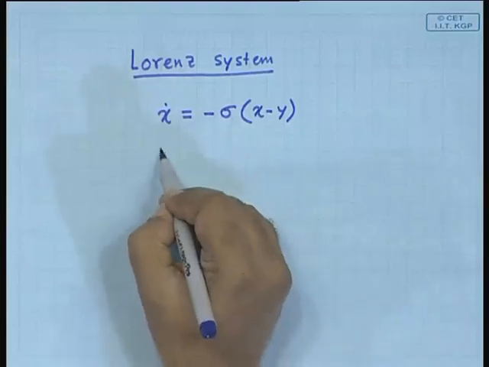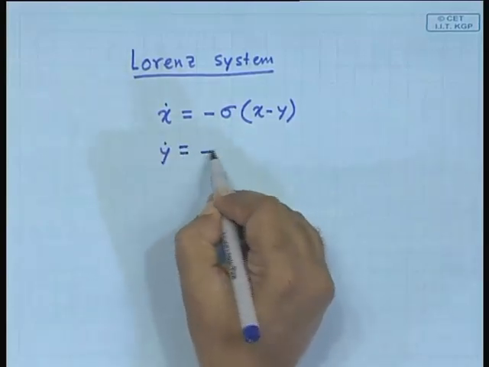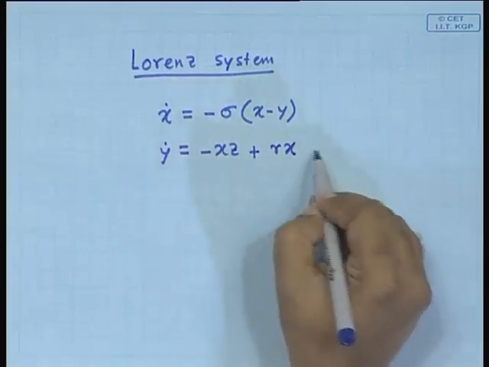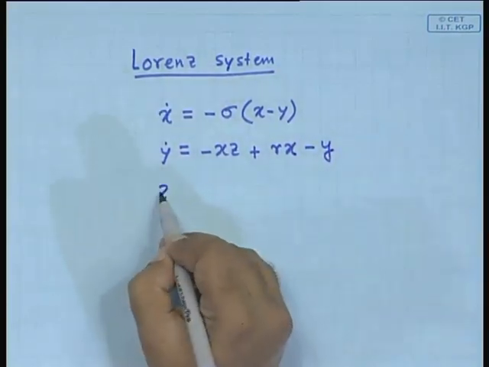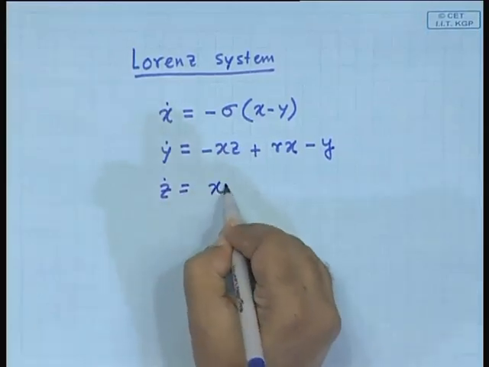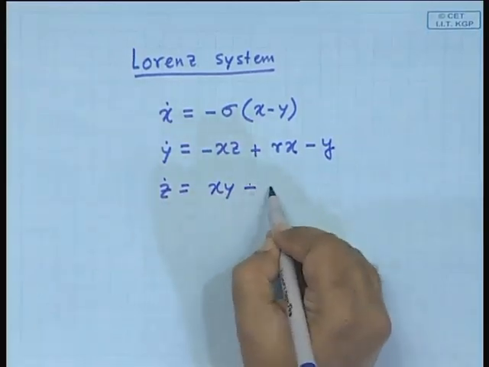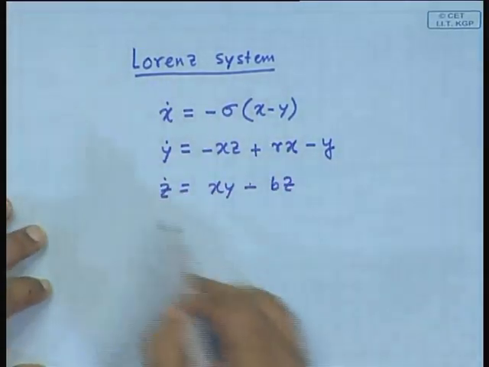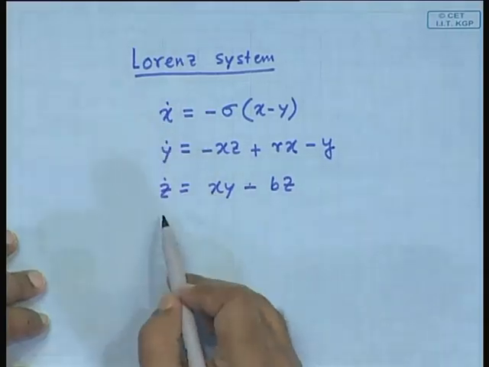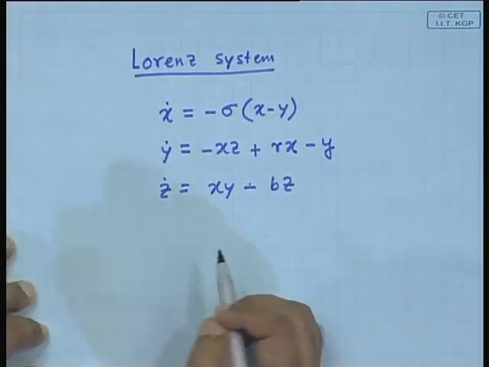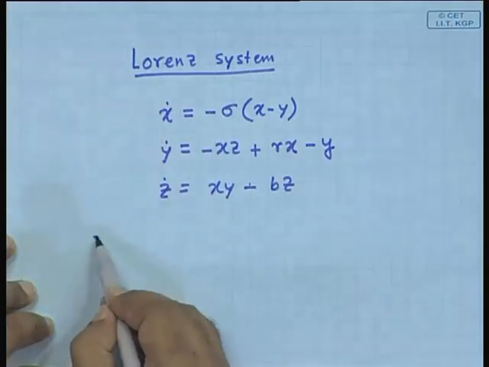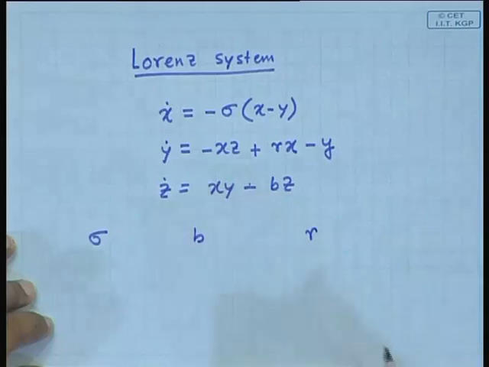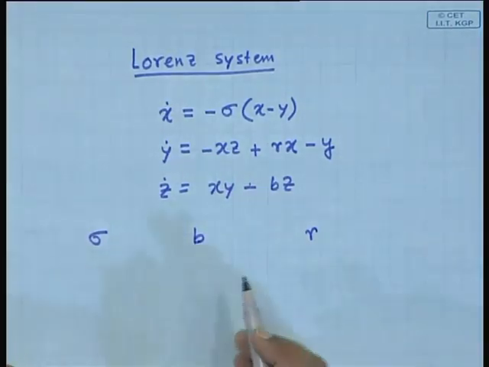This is a linear equation. y dot is equal to minus x z, this is the nonlinear term, plus r x minus y, and z dot is equal to x y, this is another nonlinear term, minus b z. So, in this system x, y, z are the variables. Parameters, I can see sigma is a parameter, b is a parameter, r is a parameter, right.